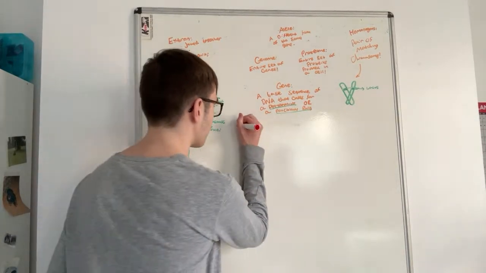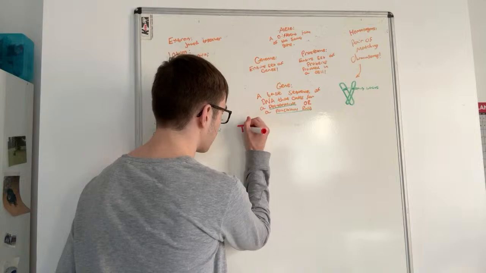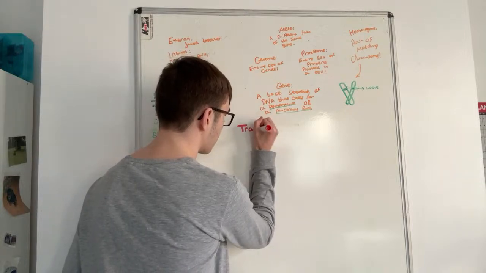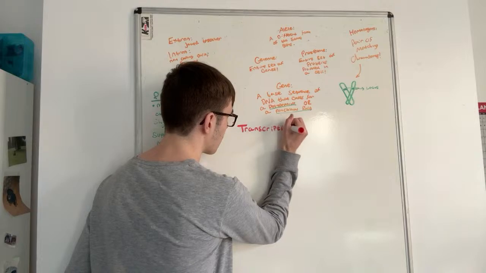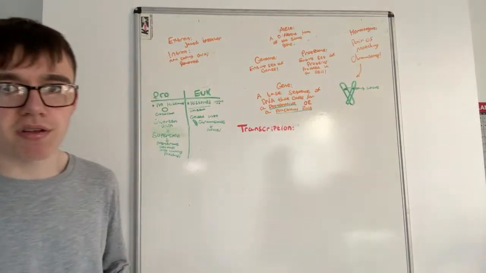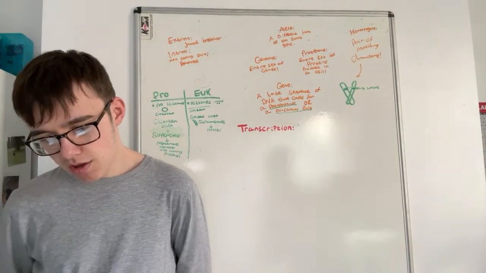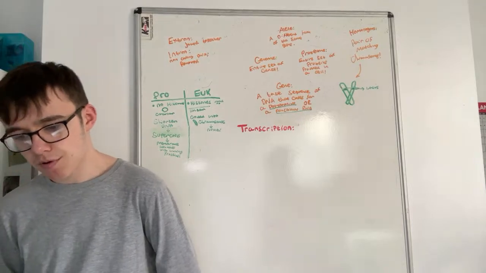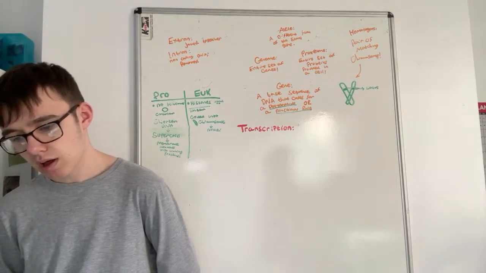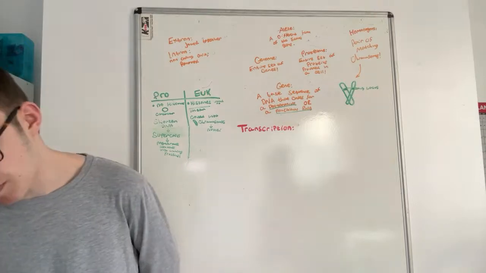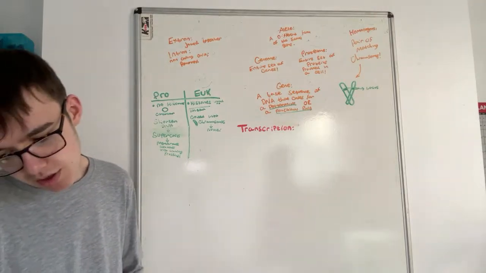So, that's the first stage, transcription. In biology, transcription is a process of copying out the DNA sequence of a gene. The goal of transcription is to make an RNA copy of a gene's DNA sequence.